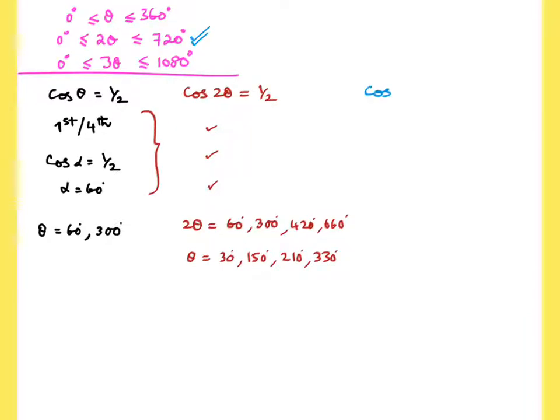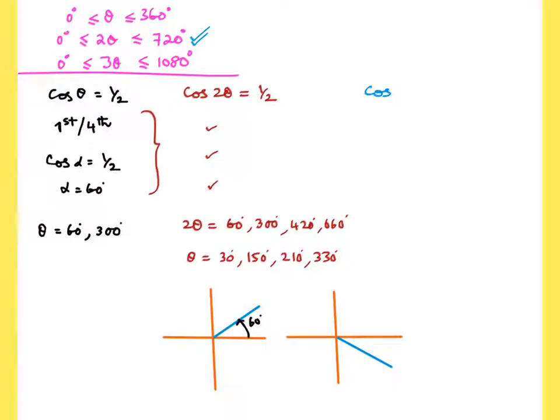Now let me show you one more thing, because some people, they forget this concept. That is, if I draw an X and a Y quadrant over here, a grid, and let me mark this thing in blue, this is the first angle and this is the other angle. Now this thing is 60 degrees.